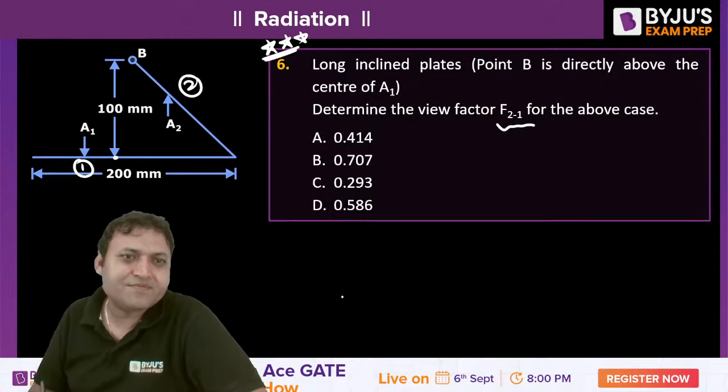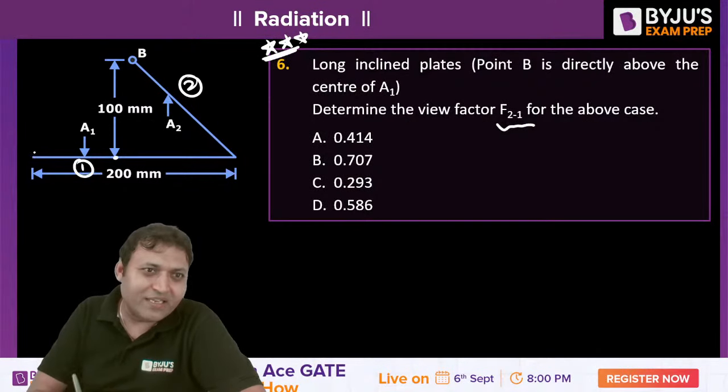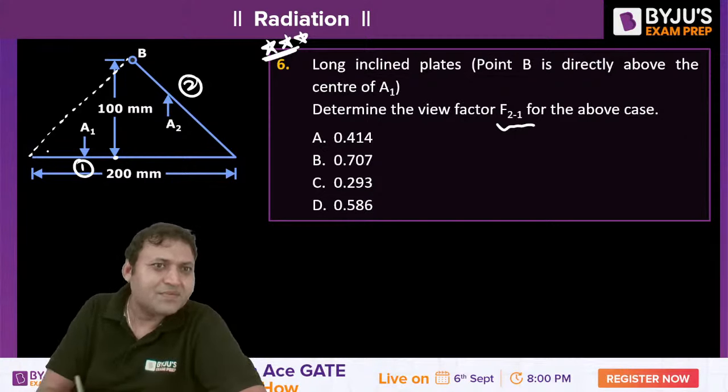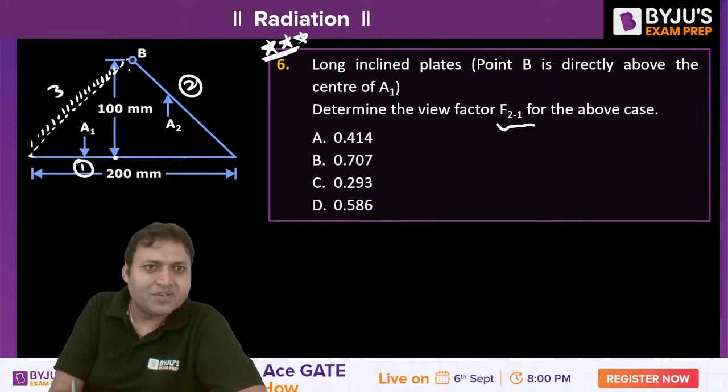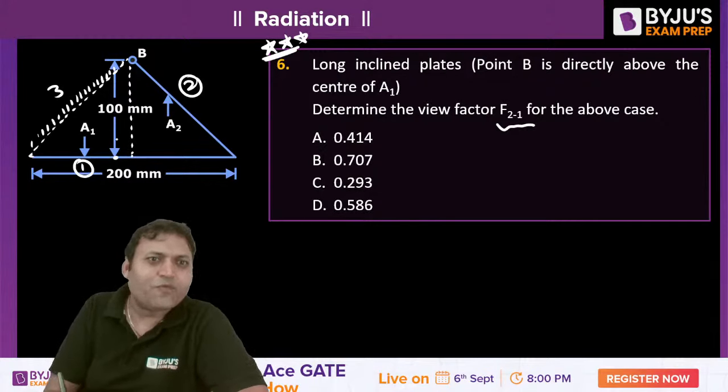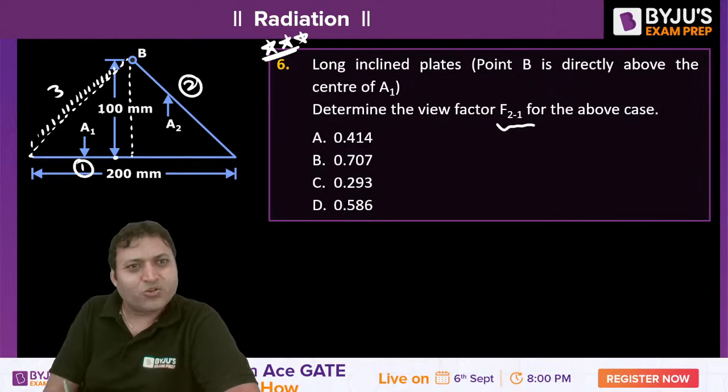Can you do that? What we will do is take another surface like this to make it an enclosure. This is surface 3, let us say. So this is an enclosure.